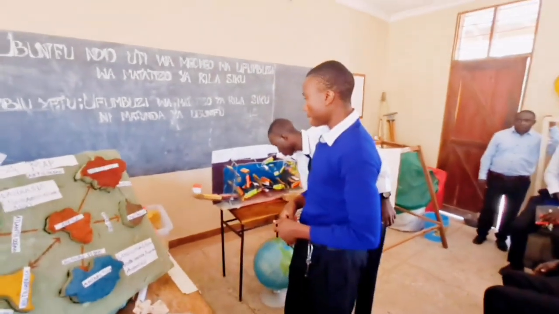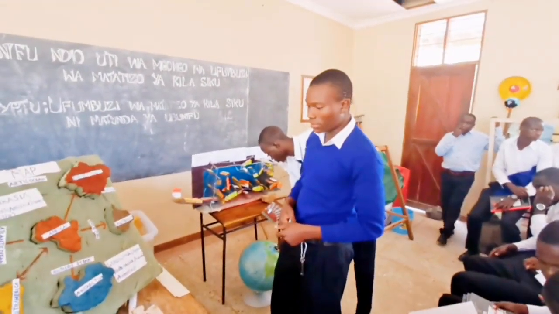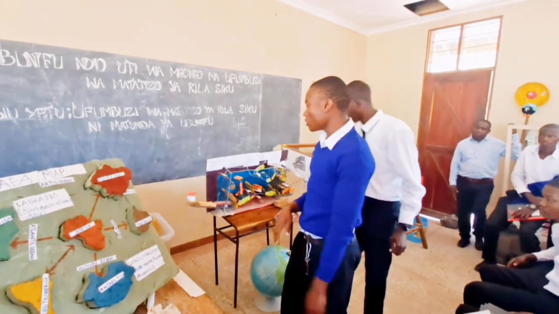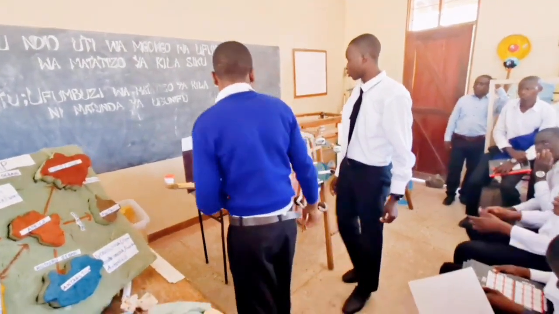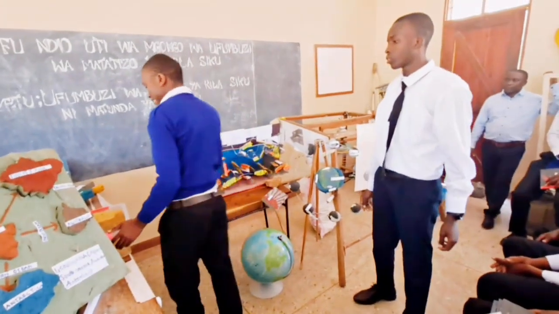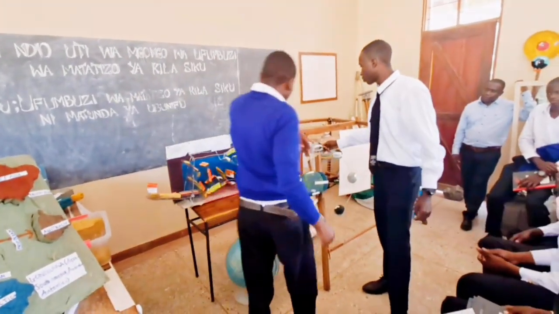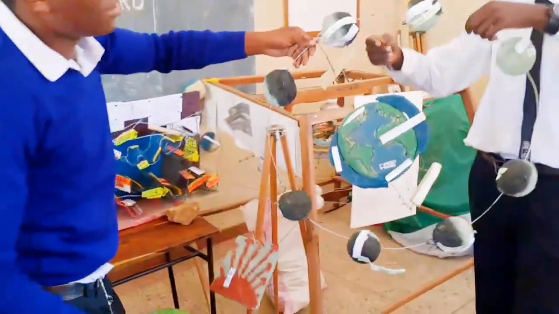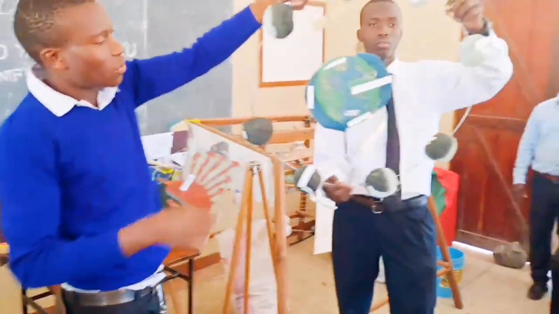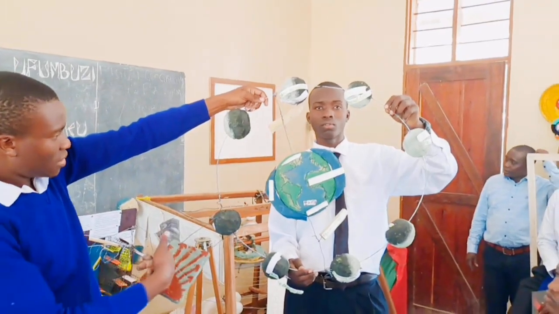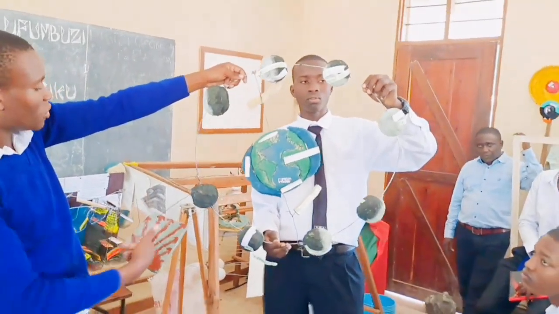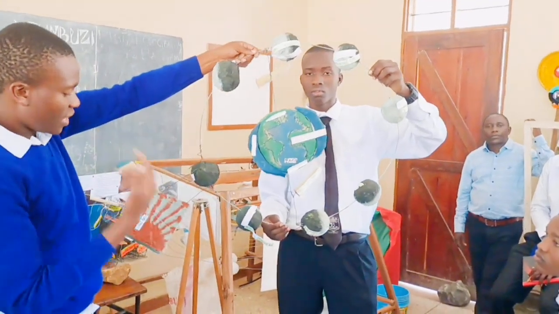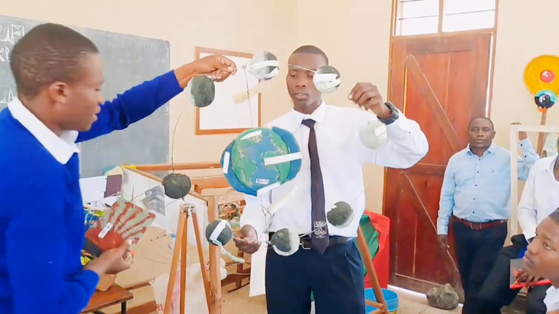Another cause I am going to talk about is tidal attraction. We are going to use this tidal attraction. This means that we are going to talk about the interference or attraction between the Earth, the moon and the sun.